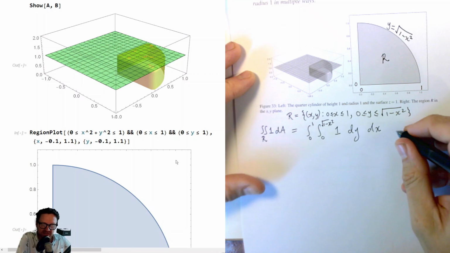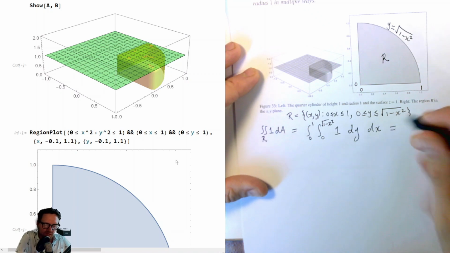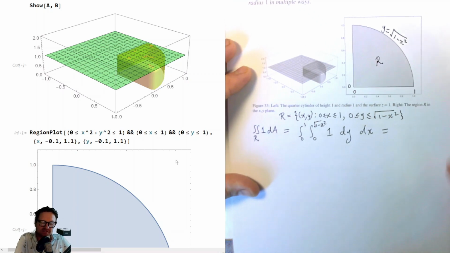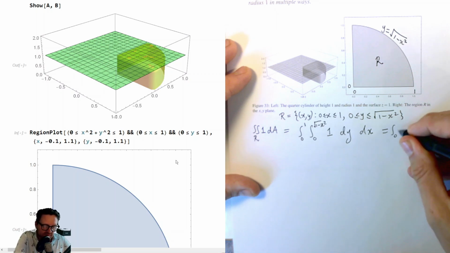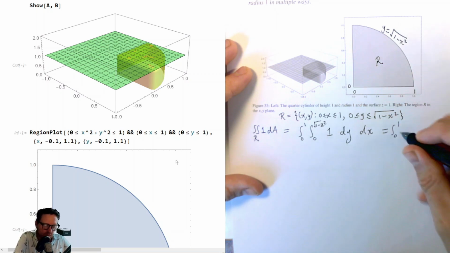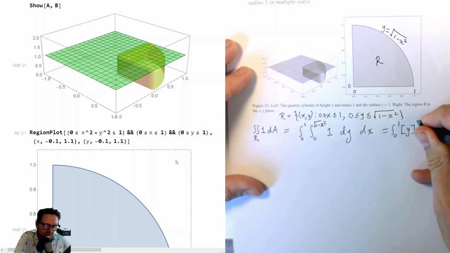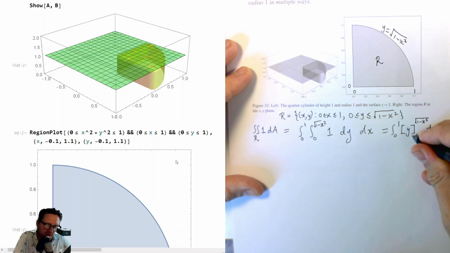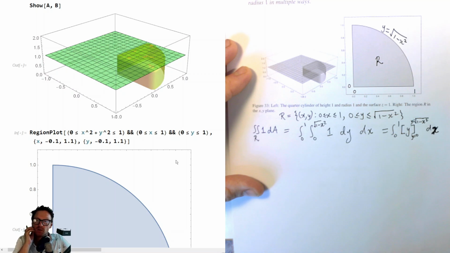Okay, now let's complete this. I'm putting it over here so I can save some space. Now we've got the integral from 0 to 1. Integrating 1 is just y. So from 0 to the square root of 1 minus x squared, and that's no dy, dx, okay, because we've just integrated with respect to y, and this is y equals 0 to y equals square root of 1 minus x squared.